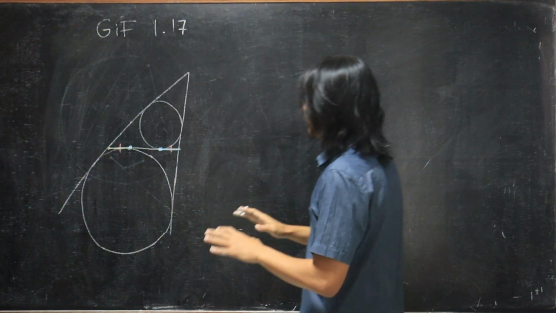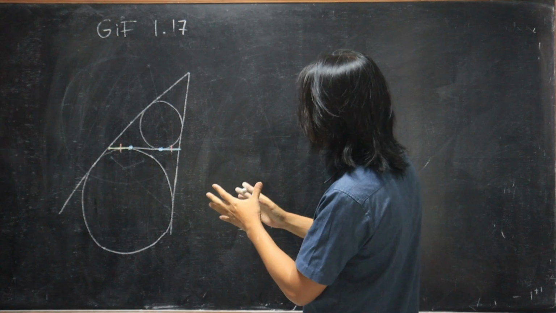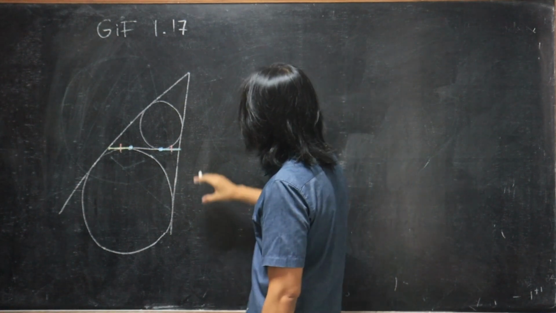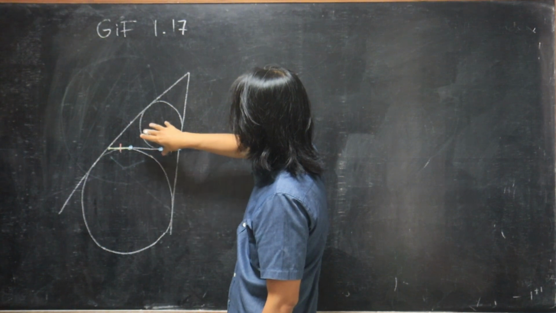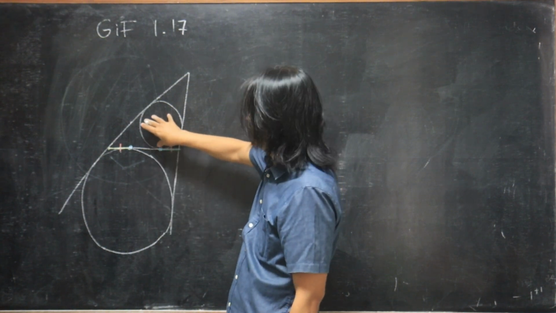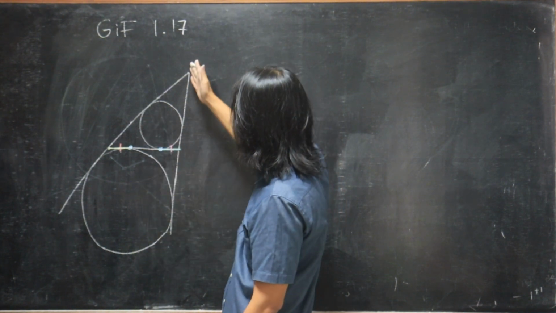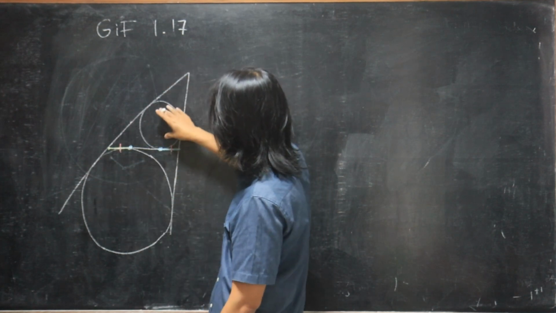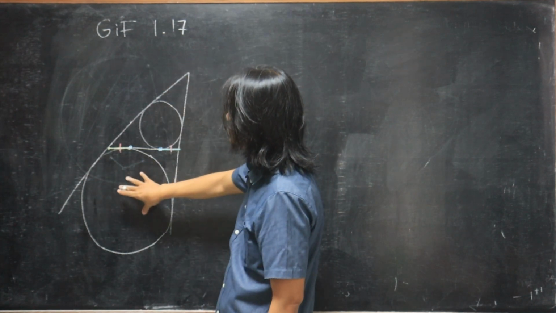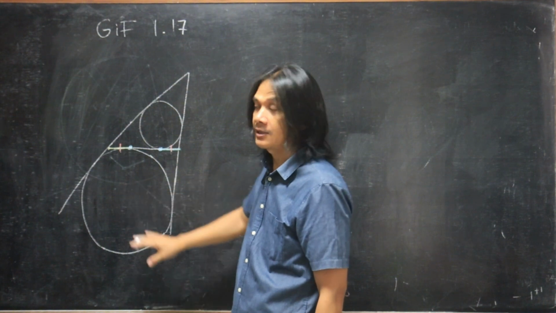Okay, so we have this situation where we have an inscribed circle here, and also if we extend the sides, I think this is called the incircle, and that is an excircle.